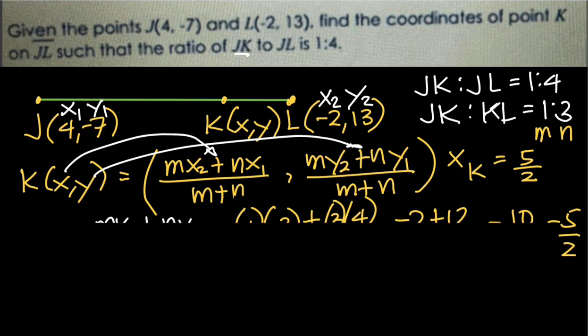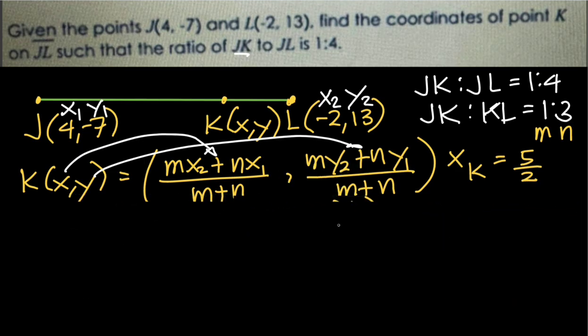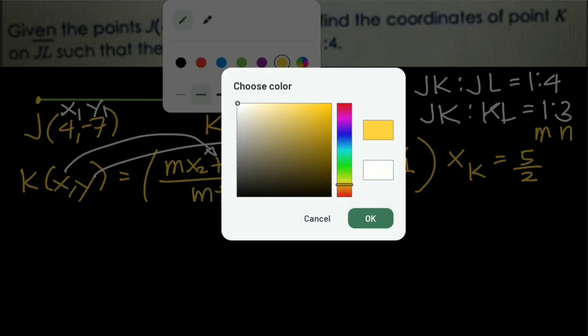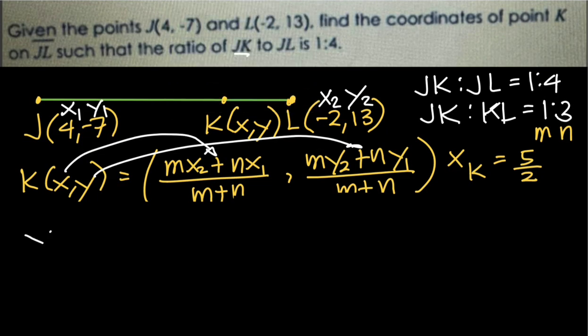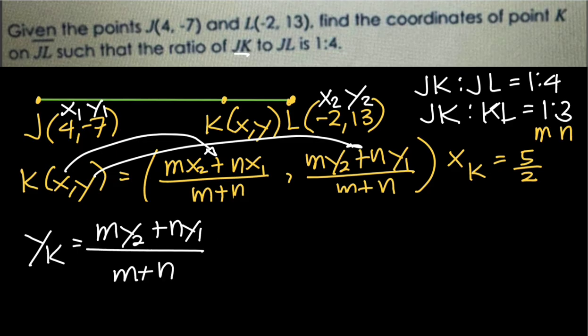And now we can solve for the y coordinate of point K. So the y coordinate of point K is just equal to m y sub 2 plus n y sub 1 over m plus n.